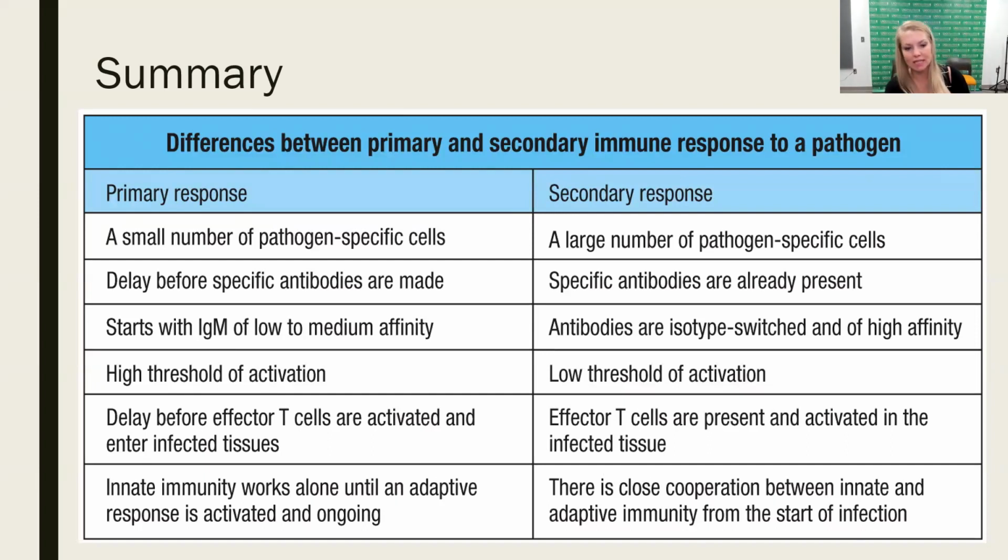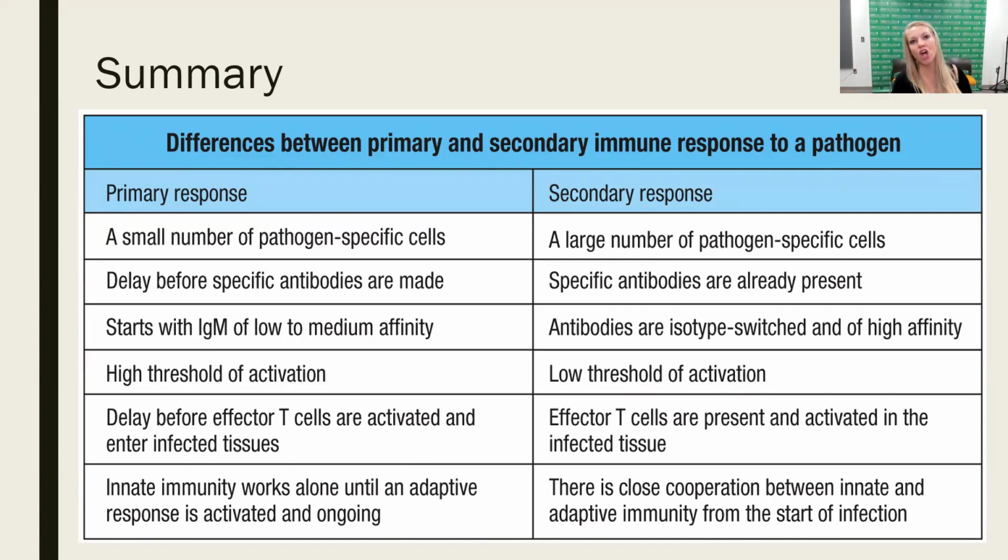The primary immune response only takes a small number of pathogen cells to activate and get this clonal expansion. But in the secondary immune response, there's already this clonal expansion of cells that are ready to fight the pathogen. So a much more powerful force from the get-go.